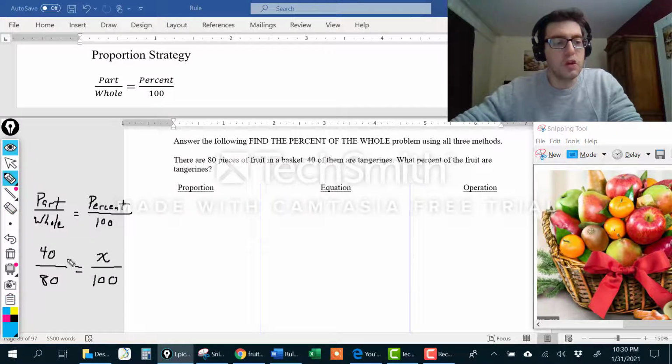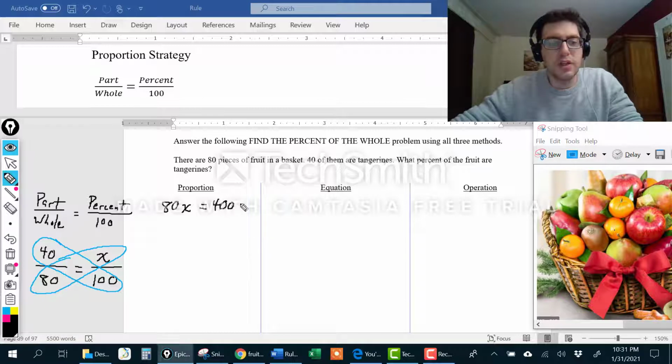So we will cross multiply. So 80 times x is 80x. So let's write 80x over here equals, and then 40 times 100 is 4,000. So we'll write 4,000 over here. And then our last step is going to be to solve for x.